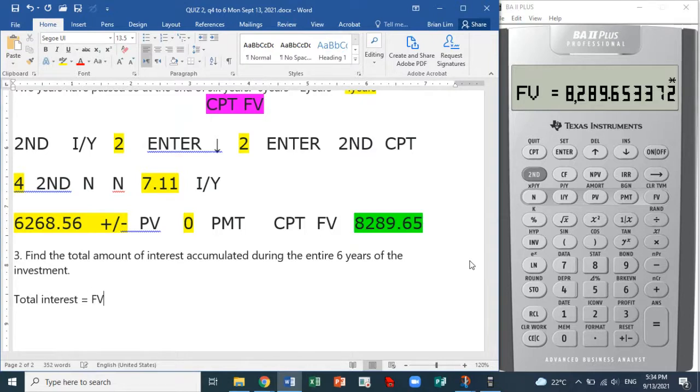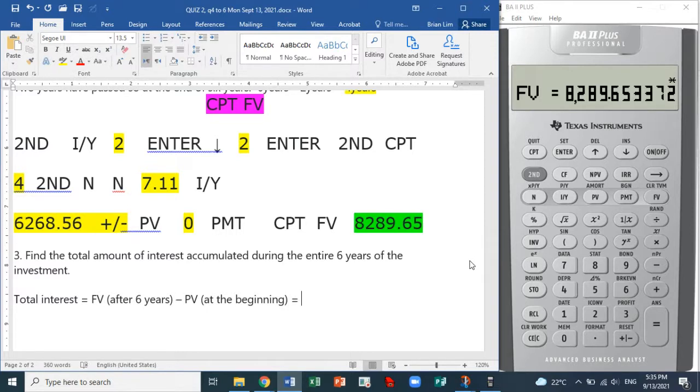The future value, and I will put in parentheses after 6 years, minus the present value, put at the beginning. All right, so that's what we're after.